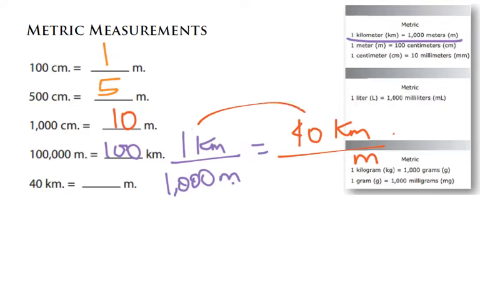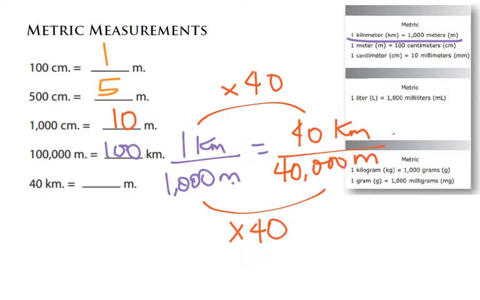So to get from 1 to 40, what did I do? I multiplied by 40. So I'm going to take my 1,000 and also multiply that by 40. 1,000 times 40 would be 40,000. So I would have 40,000 meters. Hopefully your zeros look better than mine.